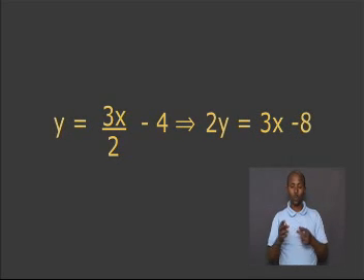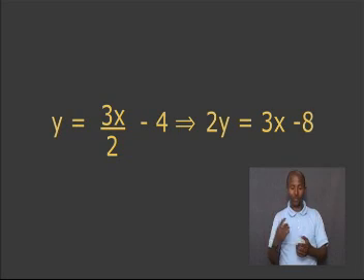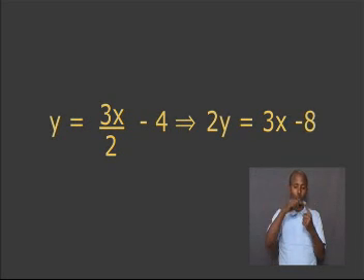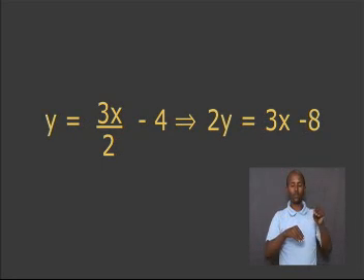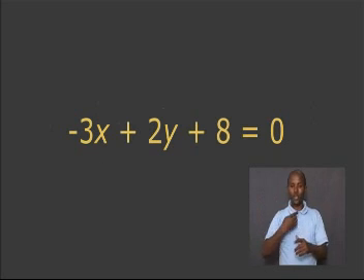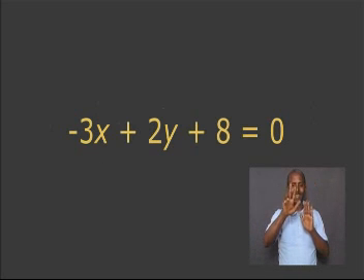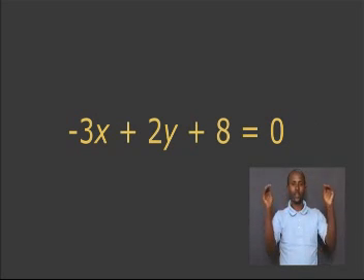We multiply everything by 2 in order to get rid of the fraction and move all the terms to one side. We get negative 3x plus 2y plus 8 equals 0.